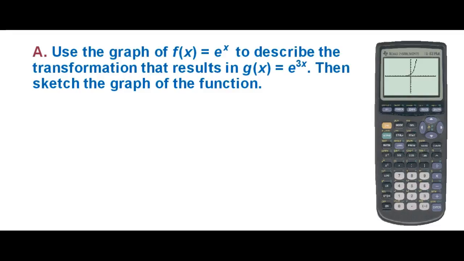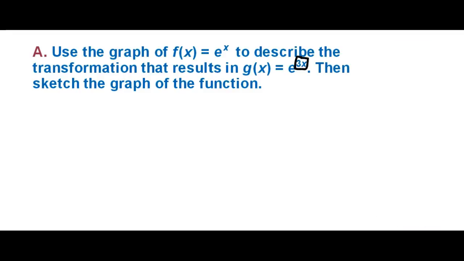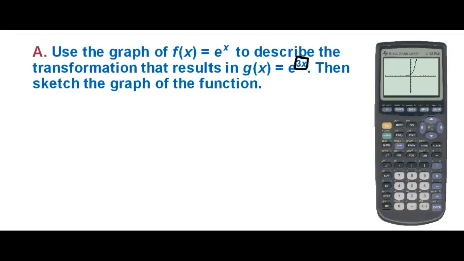Now remember, since that's being applied to the exponent, that's really inside the function. And remember, things inside the function do the opposite of what we would expect. A whole number like 3 outside the function would expand the function. But what this 3 inside is going to do is contract it horizontally. So let's take a look at what that would look like.